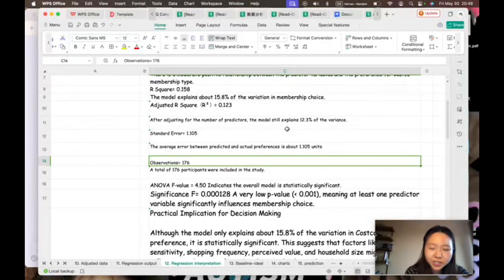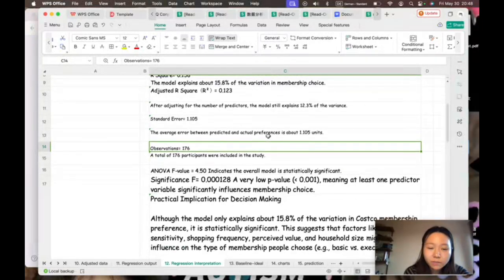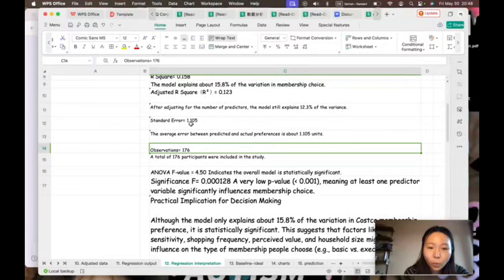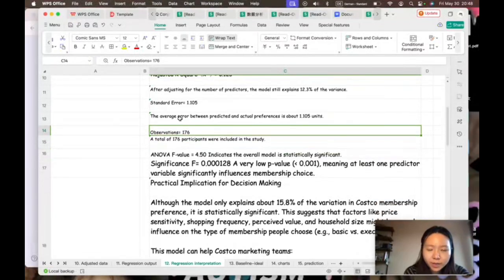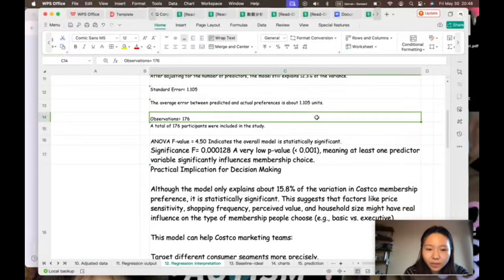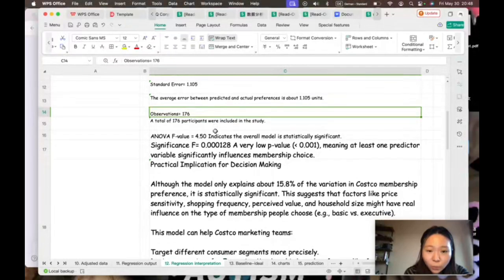After adjusting for the number of predictors, this model still explains 12.3% of variance. The standard error equals 1.105. The average error between predicted and actual preference is about 1.105 units. And the observations equal 136. A total of 176 participants were included in the study.